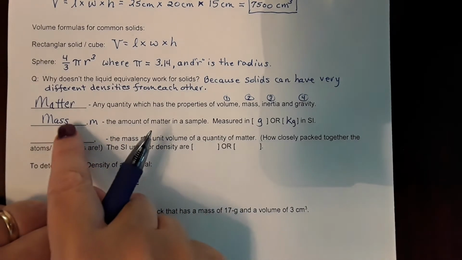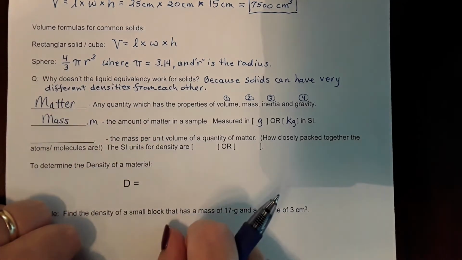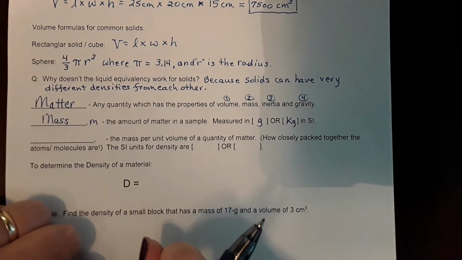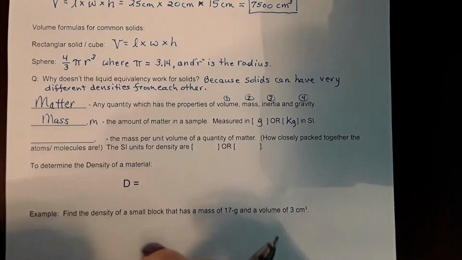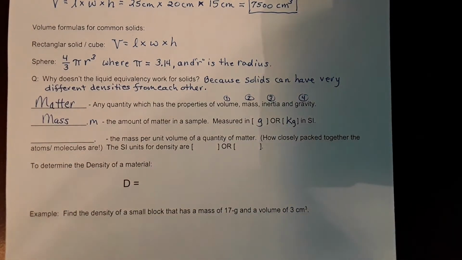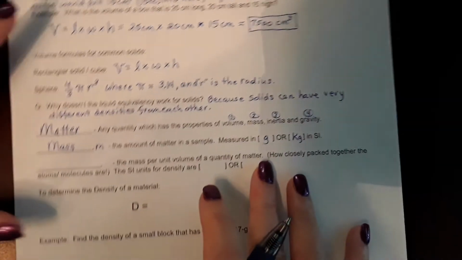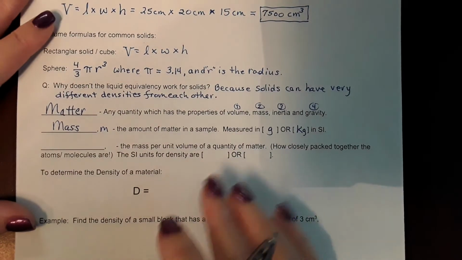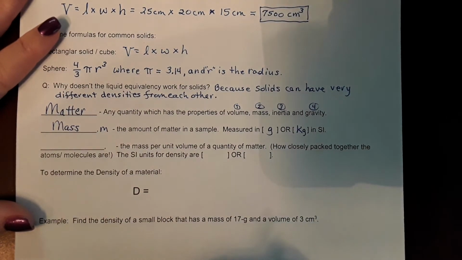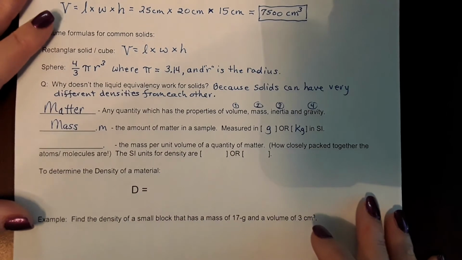Now, we know what mass is and we know what volume is. If we talk about how much matter is crammed into a certain volume, we're talking about the density. The more mass you have stuffed into a particular volume, the denser it is.